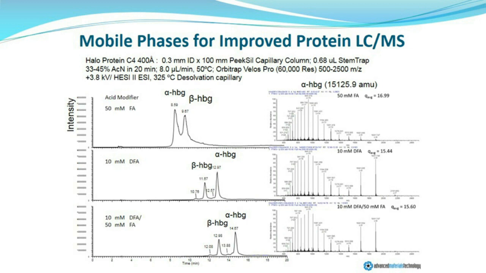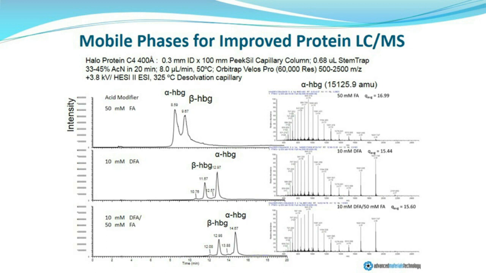And what I'd like to point out on this one is that the difluoroacetic acid, again, shows much improved chromatographic performance relative to formic acid, and sufficiently so that the peak intensities are in fact quite comparable to what one obtains with formic acid. But of course, the peak shapes and ability to resolve minor variants between the alpha and beta hemoglobin subunits is sufficient.